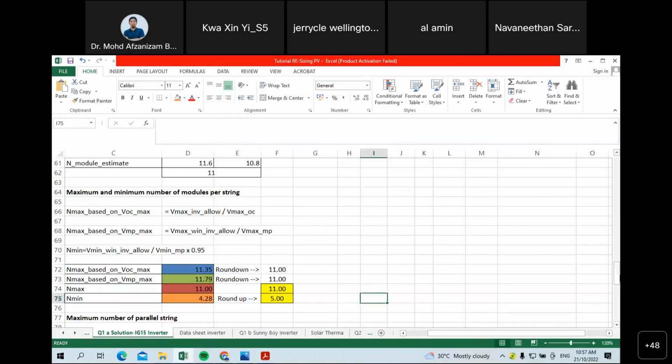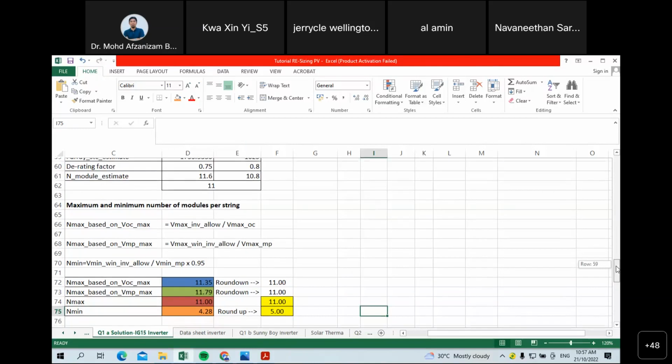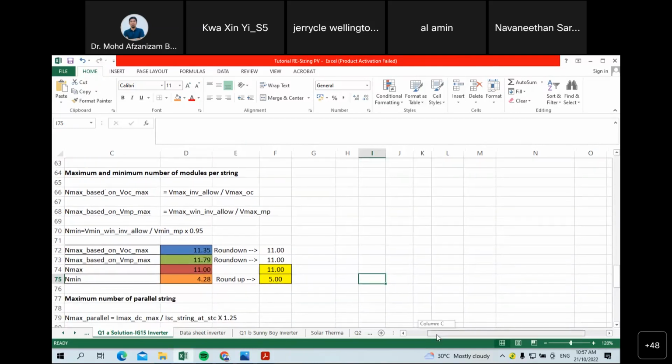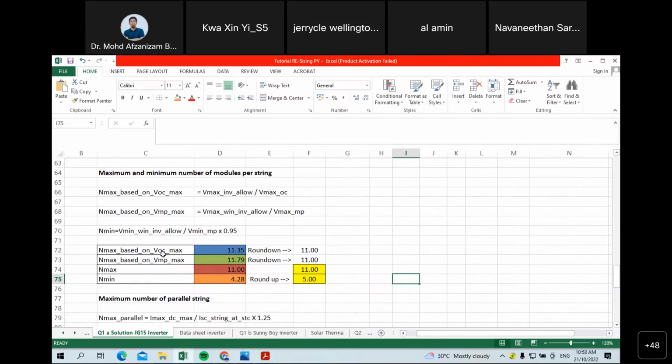Okay, so we try to check your chat box. If you can get the same answer as sir, then we can try to verify the final answer. Can someone check for sir? Did you also gain the same answer, 11.35, for the maximum number based on the VOC max?